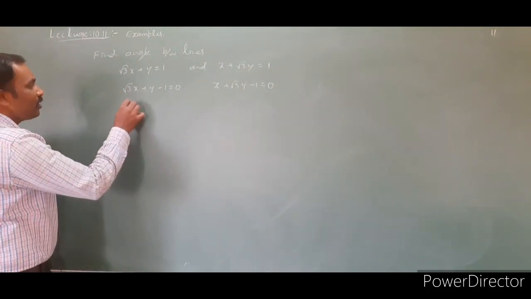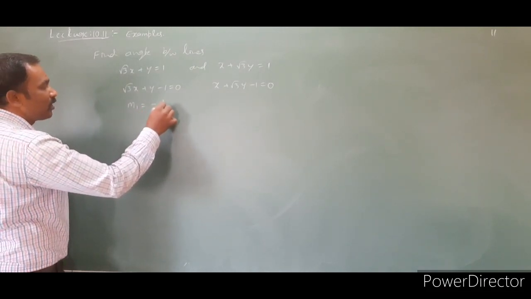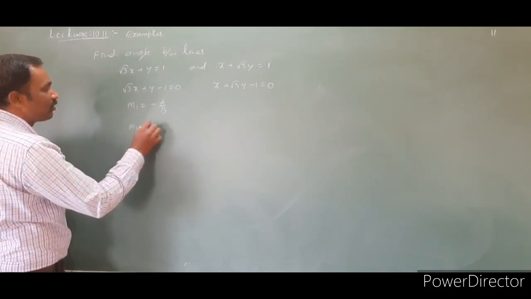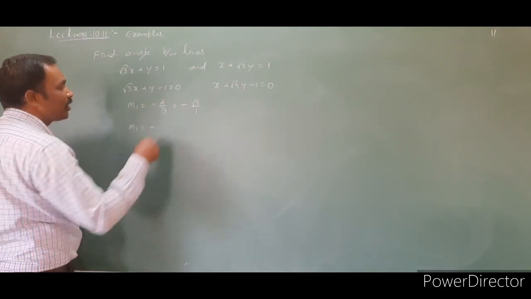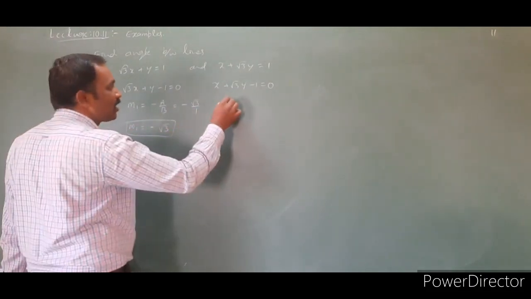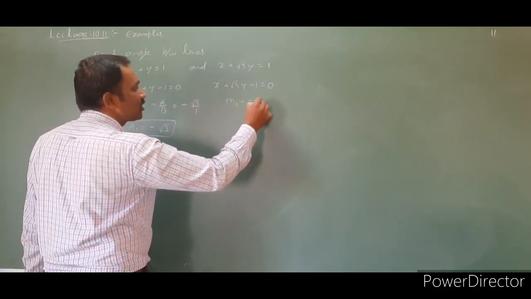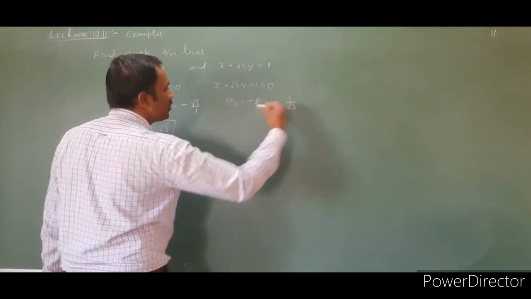m1 is the slope of the first line. Write the formula: minus a by b. m1 is equal to minus, a is root 3, b value is 1. So m1 is minus root 3. Similarly, m2 is equal to minus a by b, a value is 1, b value is root 3.